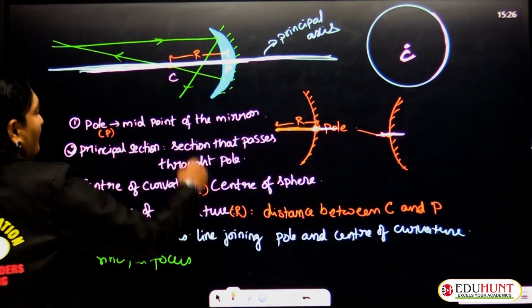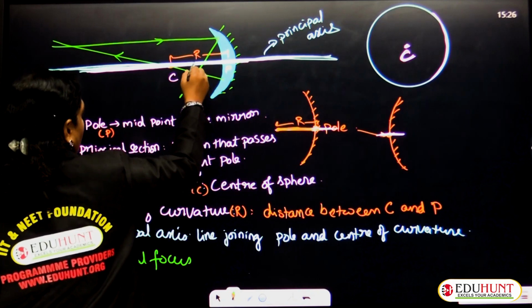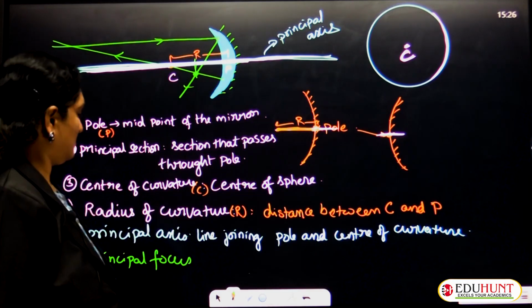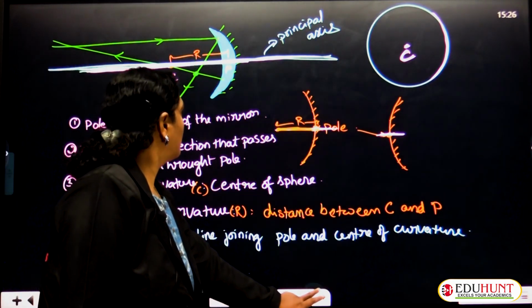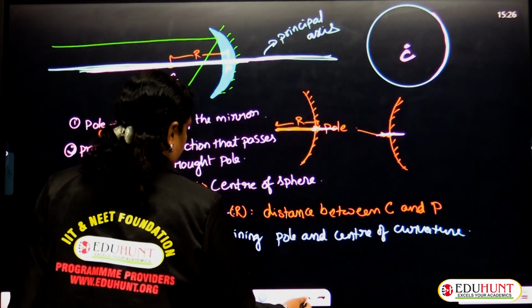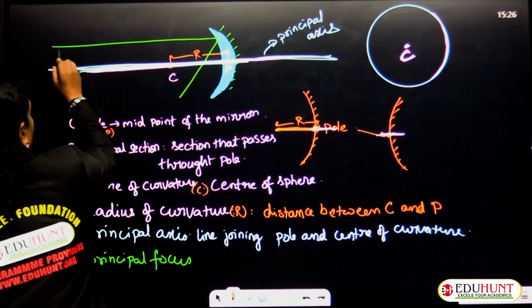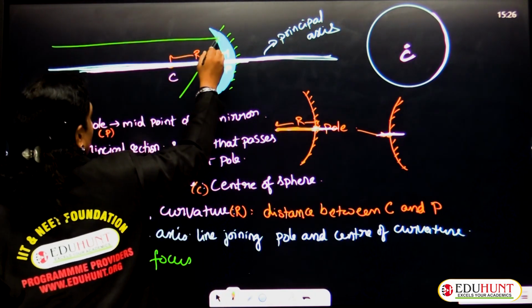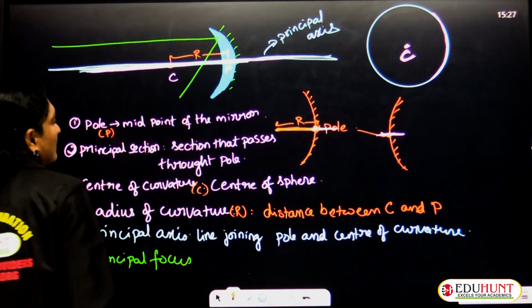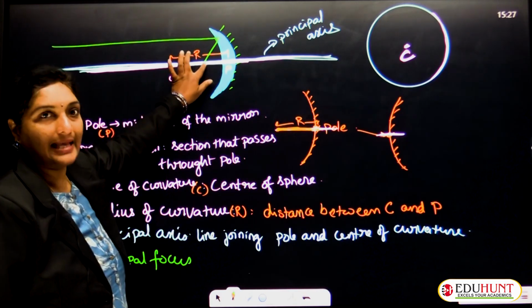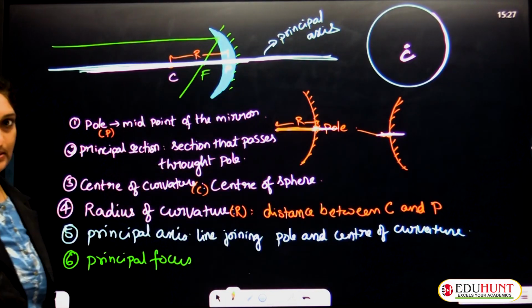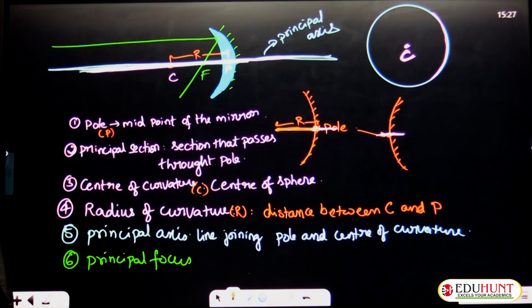So, a beam of light passing parallel to the principal axis cuts the principal axis at a point, and that point itself is called the focus.